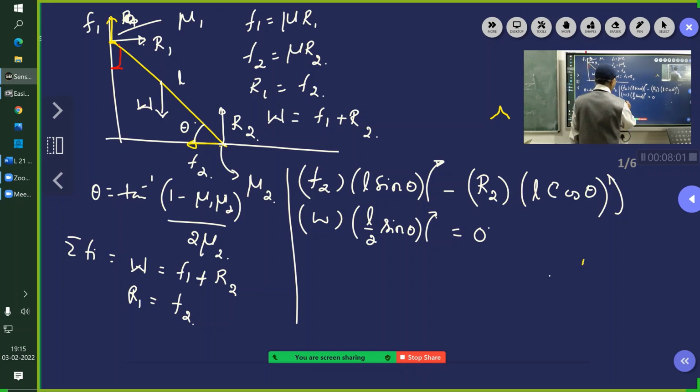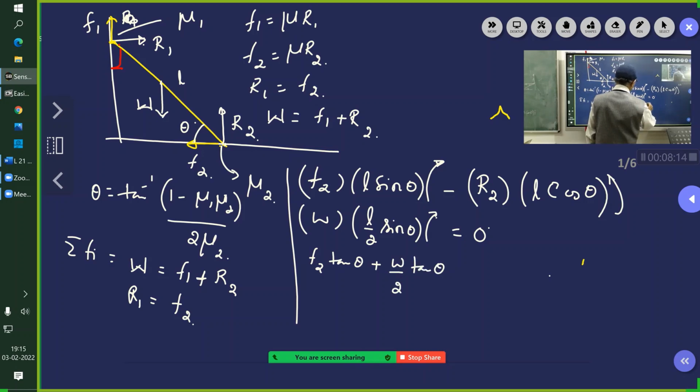So we get F2 tan theta plus W by 2 tan theta, and this is equal to R2. And we want mu2 to come.